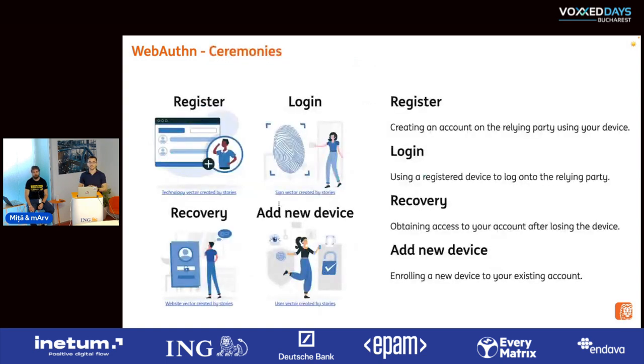And there are different ceremonies. The relying party, your application, will have to store the public key-based credentials. So in the registration ceremony, the end user will have to enroll with his device to support web authentication. And in the login ceremony, we are going to use those public key-based credentials to authenticate after the end user will prove his presence and identity.